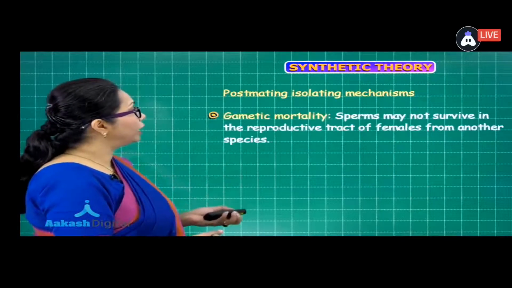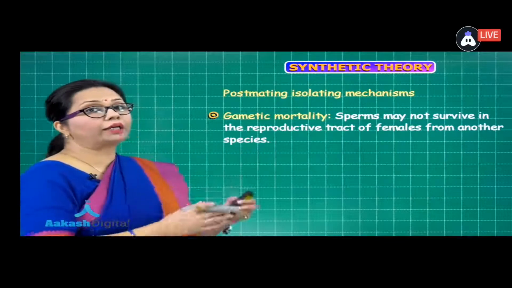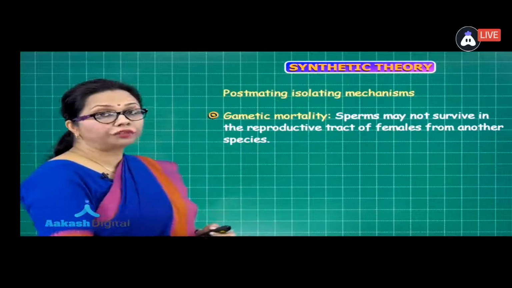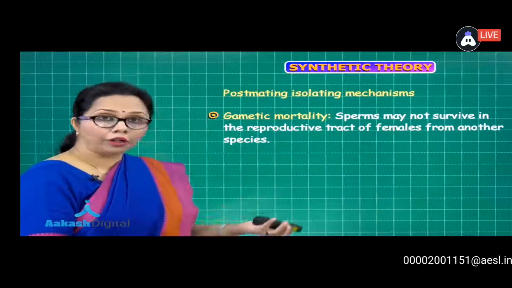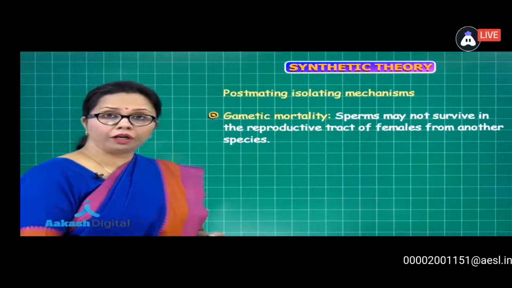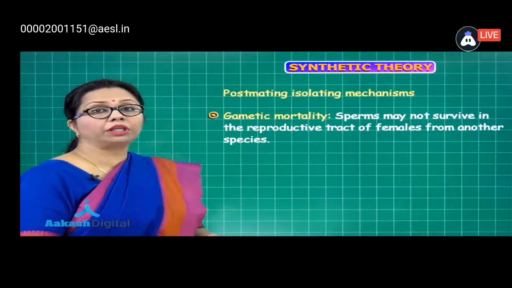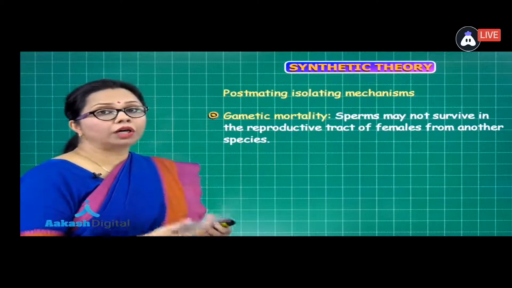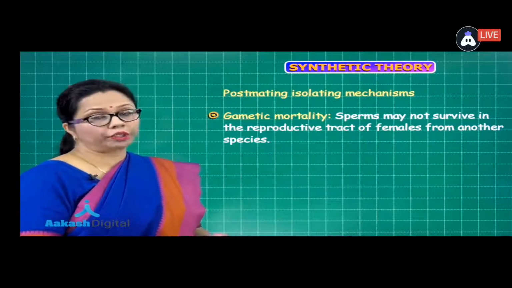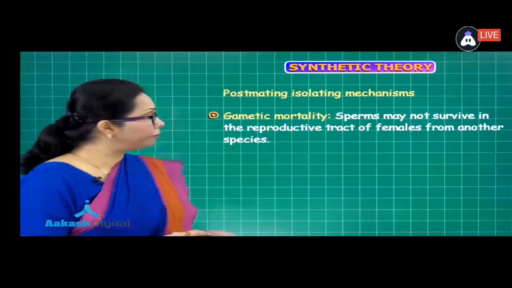Now post-mating isolating mechanisms, first we can take gametic mortality, as the word itself shows that gametes will not survive if they are transferred into the reproductive tract of another species, and it has been observed even among some of the species of Drosophila like Drosophila pseudoobscura, Drosophila persimilis, that if mating does occur, then the sperms in the female's reproductive tract get destroyed. So there won't be any fertilization, and again mixing of the species is prevented.